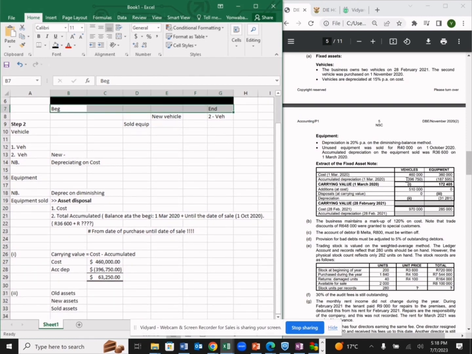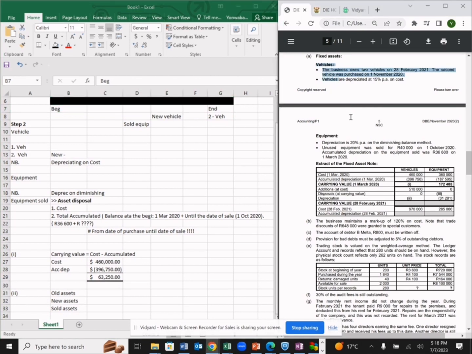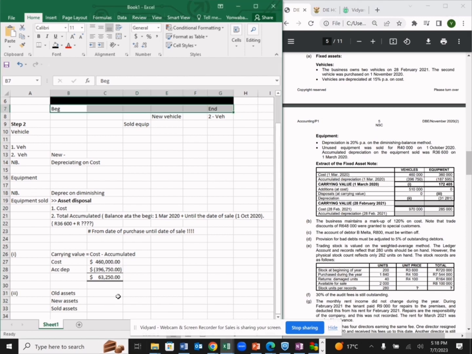In vehicles, any information of an asset being sold, the answer is no. So no assets sold, meaning that all these 460 assets that we see here are still here at the end. We can discuss why I'm saying that. So we're going to take all the assets that we have, 460,000.